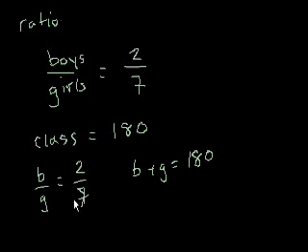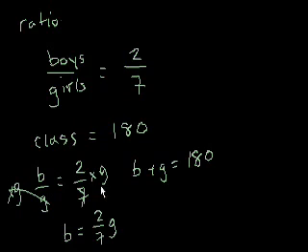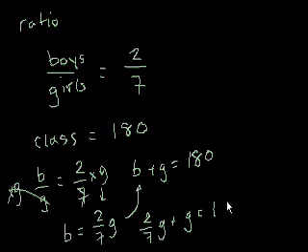So what we can do is substitution. We know that b is equal to 2 over 7 g, right? I just multiplied both sides of this equation by g. It cancels out there, and you get this. And then we can just substitute that back in for b. So then we have 2 over 7 g plus g is equal to 180.